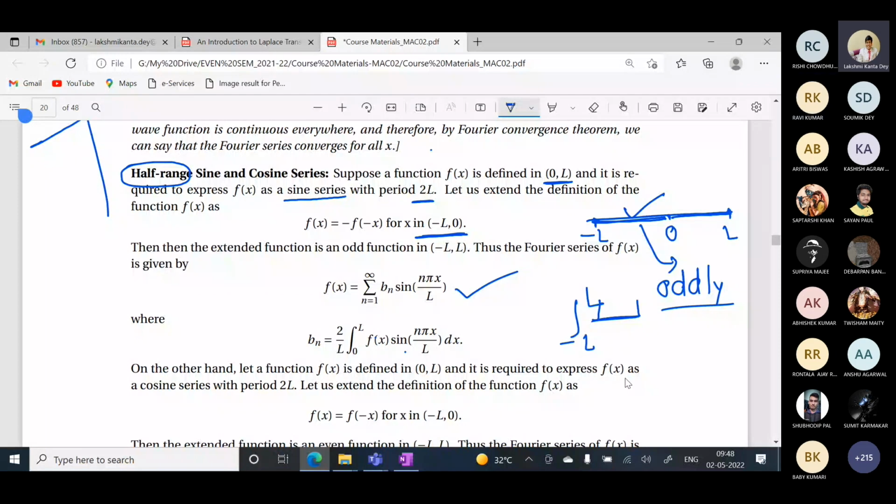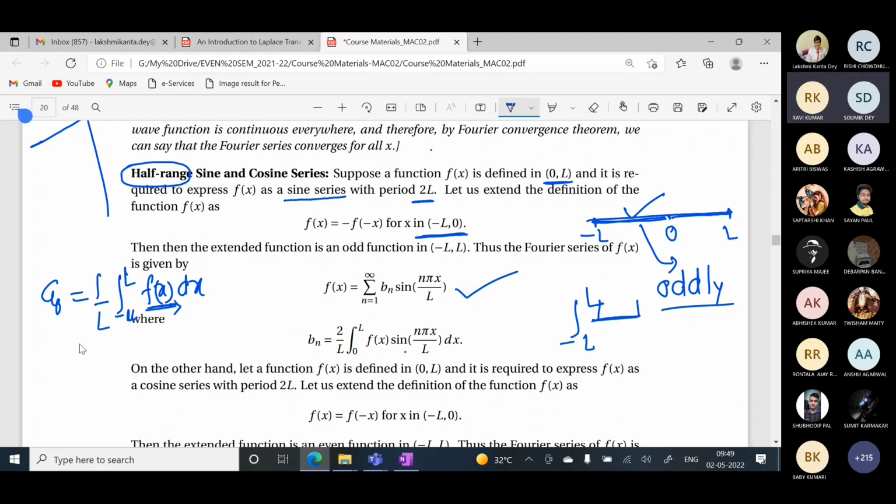A naught is 1 by L, integral from minus L to L of f(x) dx. And if your f is an odd function, then what will this integration be? Zero. That is why there is no A naught.